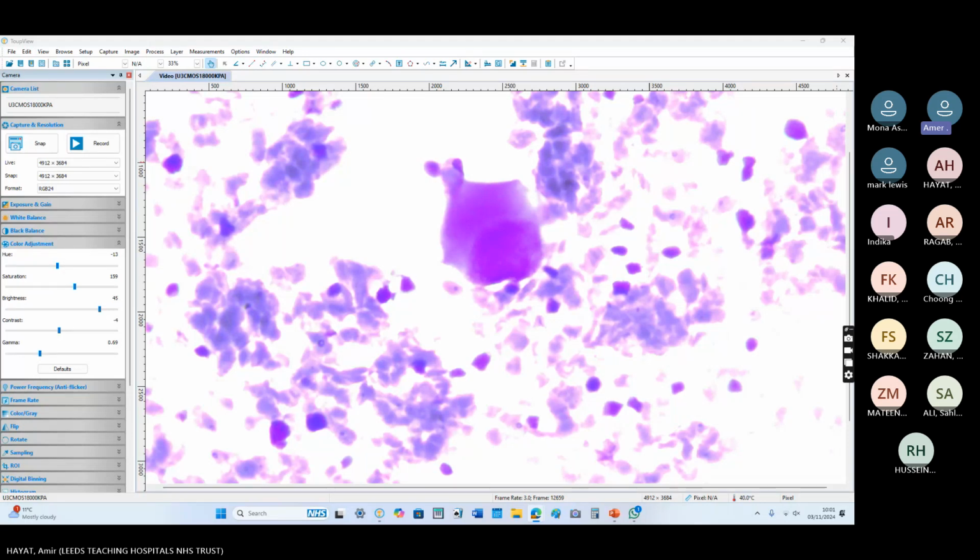Unilobulation is a feature of myelodysplastic syndrome. So there are two conditions which have small megakaryocytes. One is CML, another is MDS, and MDS is the one which has unilobulated or hypolobulated megakaryocytes. Hopefully, you will not forget that.